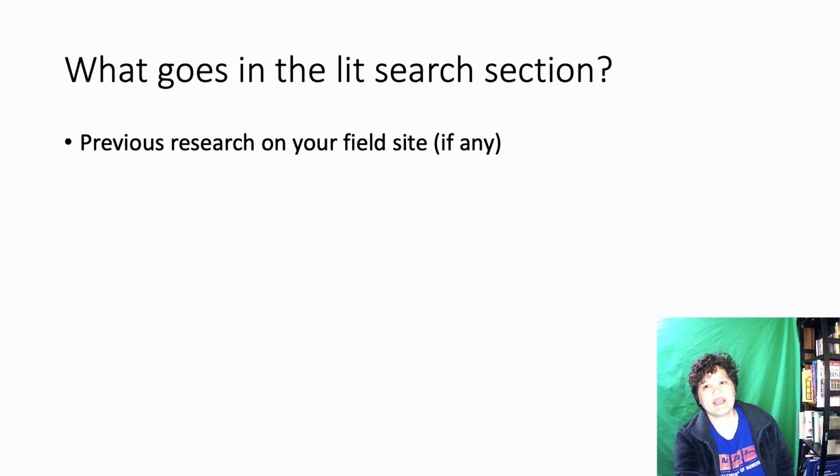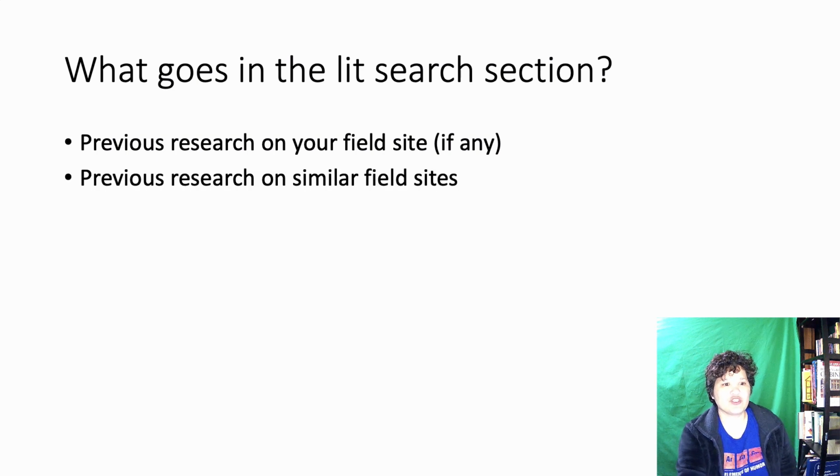Now, what if nothing has been done on your field site? What if you're working in an area that people just don't study or don't publish research about? Well, then what you can do is you can look for similar field sites that you can use as an analog for your own field site. So, for example, if you're looking for research on Budd Inlet or Eld Inlet, which are the two inlets of Puget Sound right by our campus, you might not find very much.